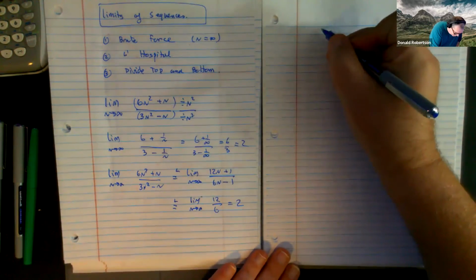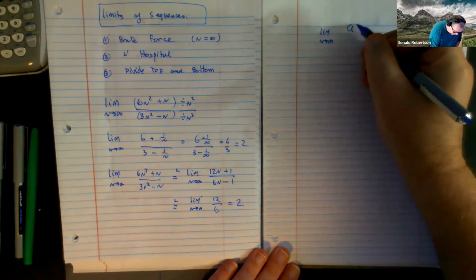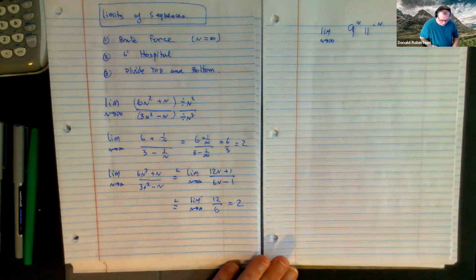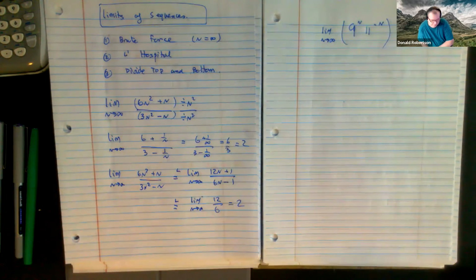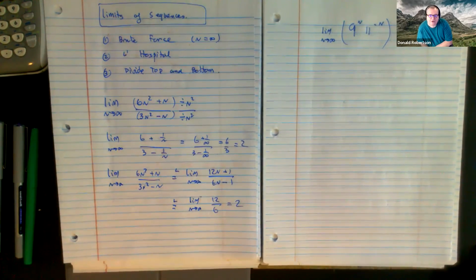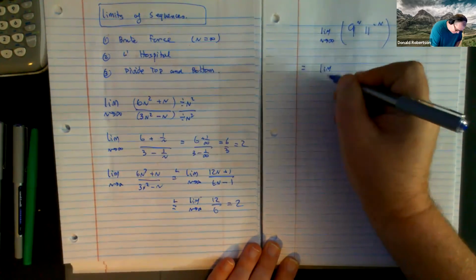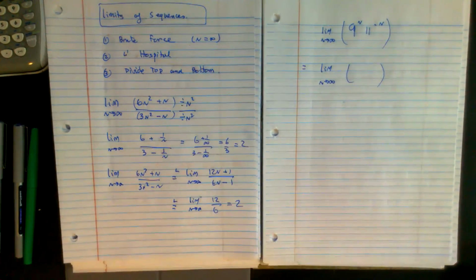How about this one? Now that one should scare you. Any suggestions? Not the method yet, because it's too early to do the method. Any of these methods, it's still too early. Any suggestions how I could rewrite this in a different form that might make it more obvious? 11 underneath.